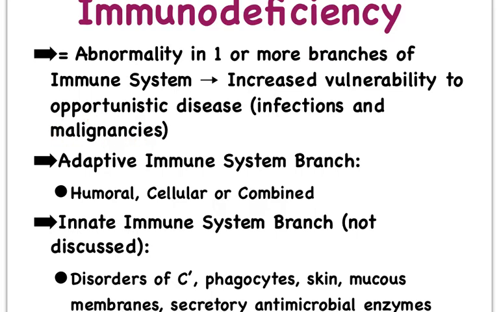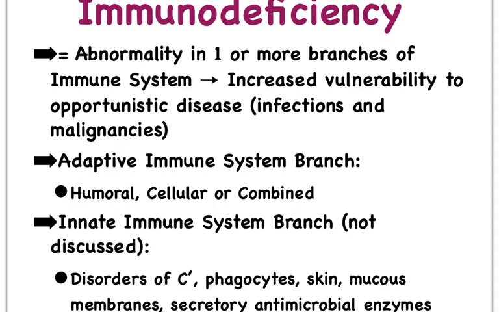We will focus on issues of the adaptive immune system branch, to where we will look at immunodeficiencies that stem from just problems with B cells, so the humoral branch.